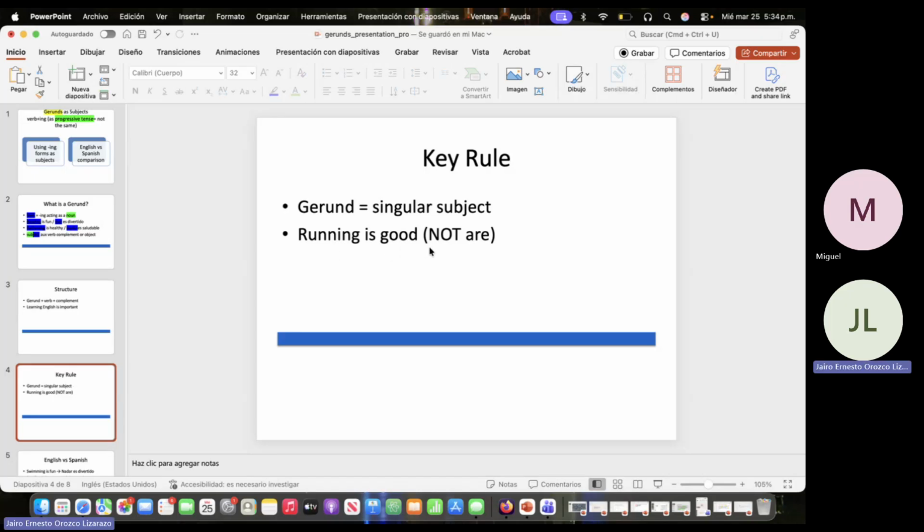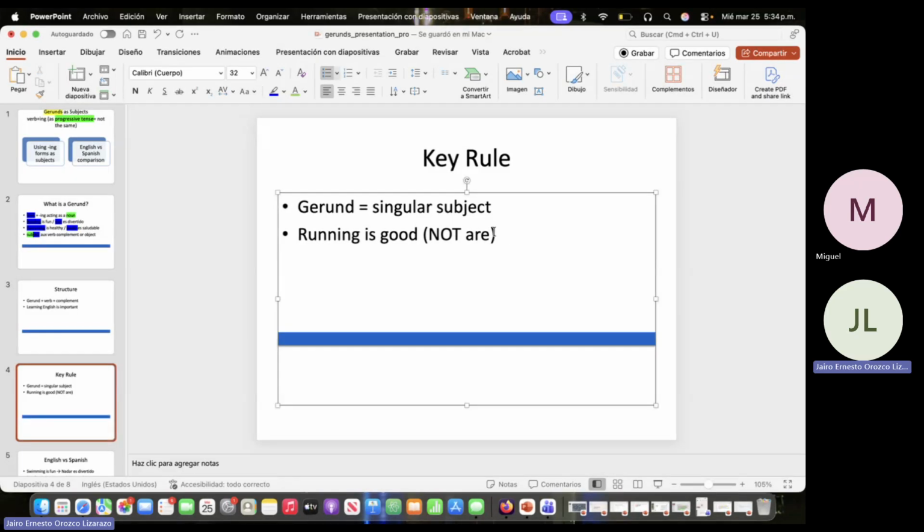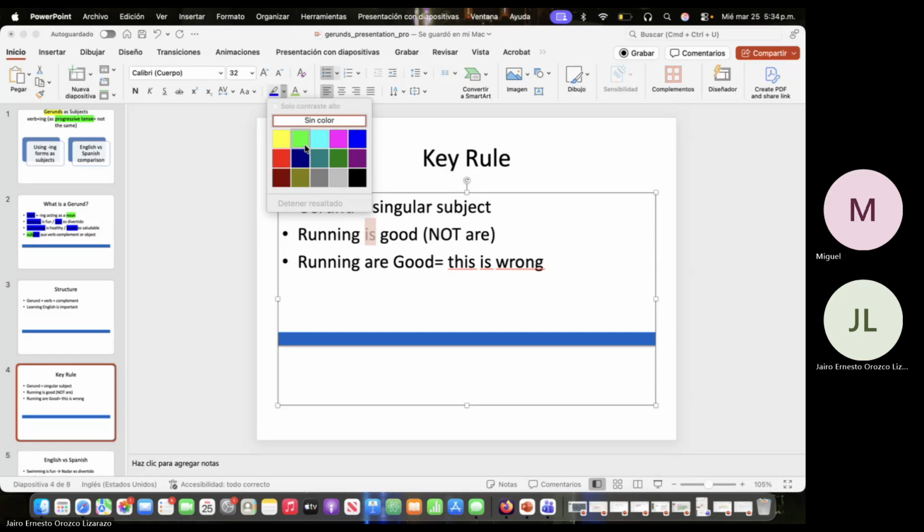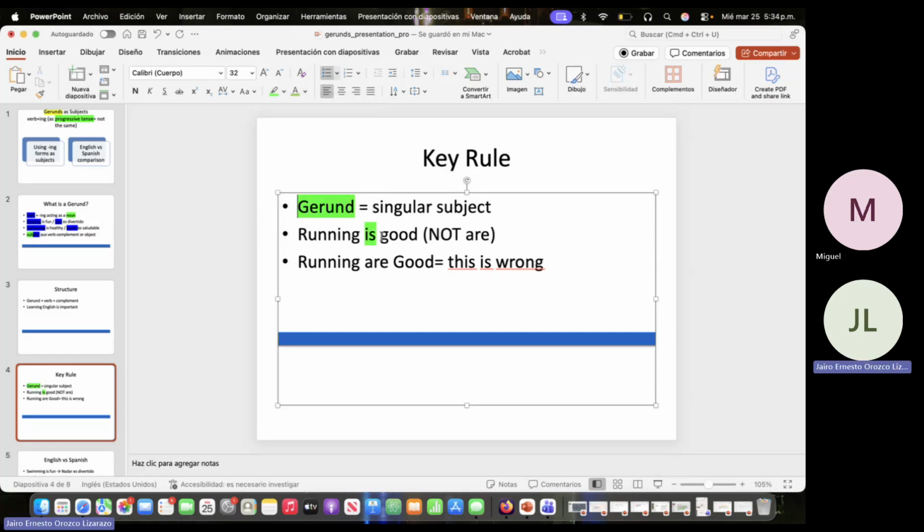So more examples. Verbs with ing are only used with singular subject. So you are always saying running is good, but you cannot say running are good, right? This is wrong. You can only use is with the ing ones, not are, okay?